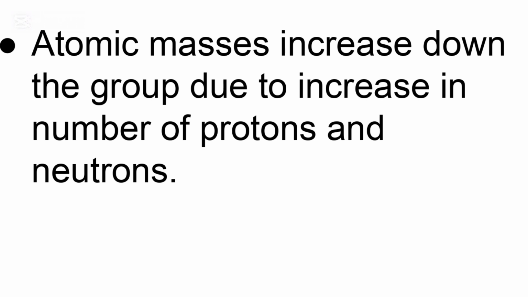By the way, atomic masses are as a result of the neutrons and the protons which are found inside the nucleus. So, among the halogens, atomic masses increase down the group due to an increase in the number of protons and neutrons. So, as we go down the group, there is an increase in the number of protons and neutrons, and thus an increase in the atomic masses.